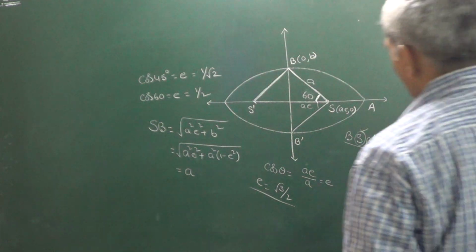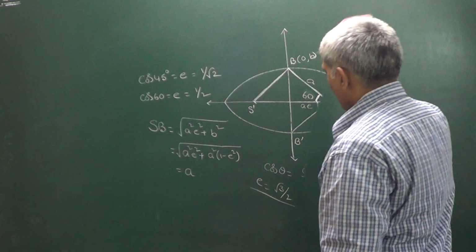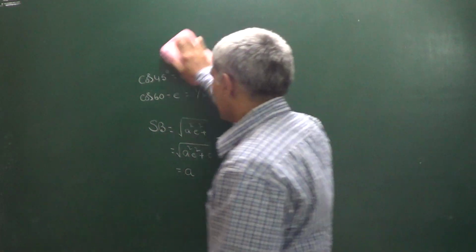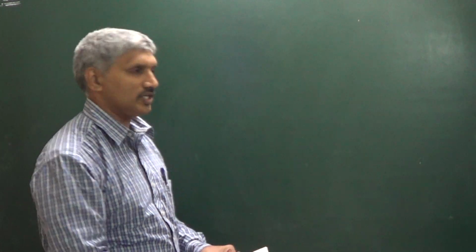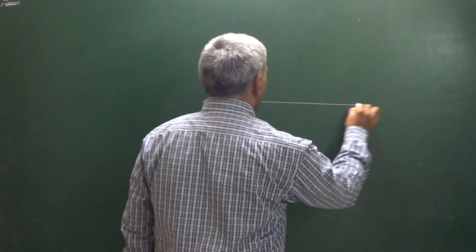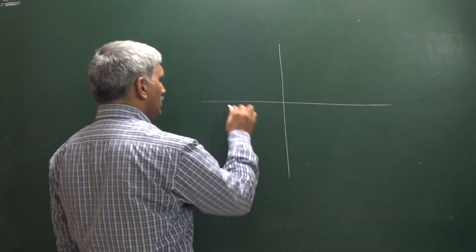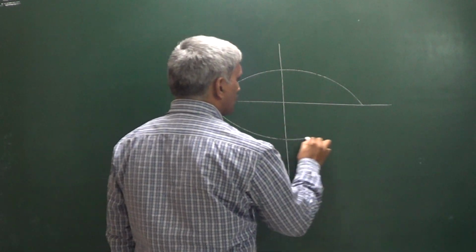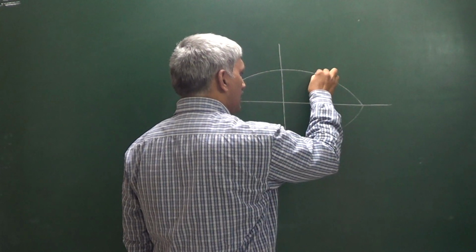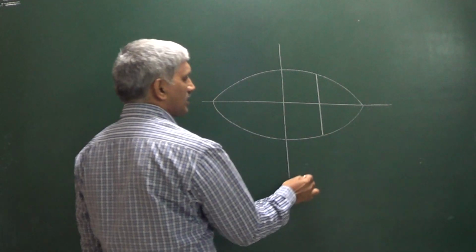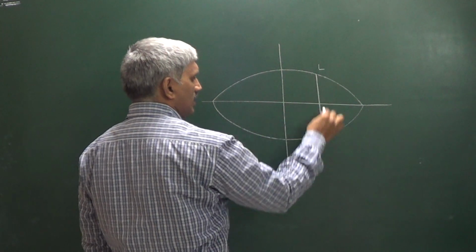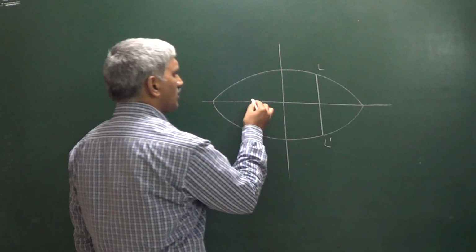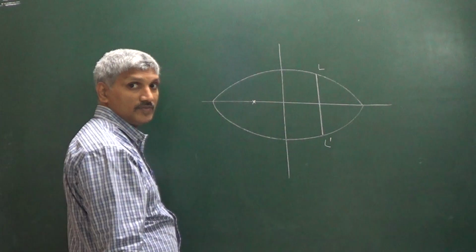So next another problem here. S L L dash is an equilateral triangle. Then he is asking what about the eccentricity. You know what L L dash is? L L dash is the length of the latus rectum. In the question he is saying that S L L dash is an equilateral triangle, let us say this is L and this one is L dash, and somewhere here is the focus S dash.